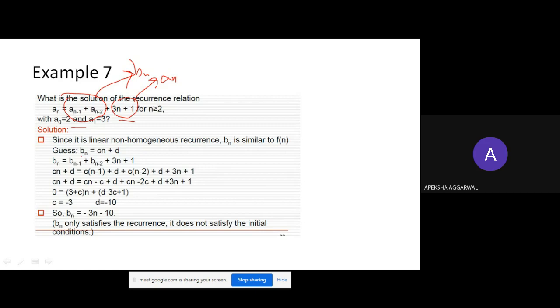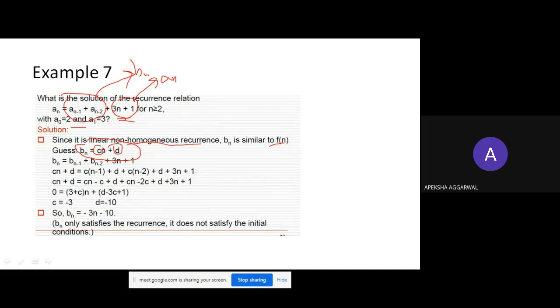Now assume Bn is equal to Cn plus D, and you will find out the values of C and D. Since Bn equals Cn plus D is a linear non-homogeneous recurrence similar to Fn. So this was your Fn, 3n plus 1. Now what you will do is Bn equals Bn minus 1 plus Bn minus 2 plus Cn plus 1, and you will reduce it to the characteristic equation and you will find out C and D.